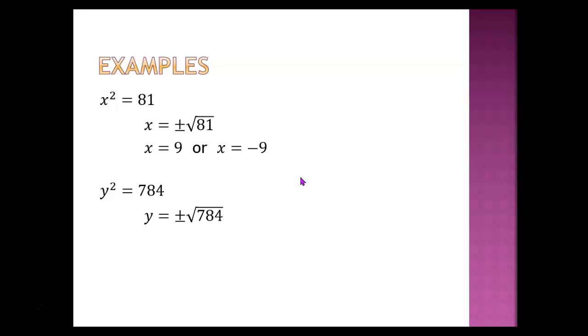You probably don't know off the top of your head what the square root of 784 is, but if you ask your calculator, it'll tell you that it's 28. So the two solutions here are y equals 28 or y equals negative 28. Either one of those numbers times itself would give you 784. So that would be a solution to the equation.